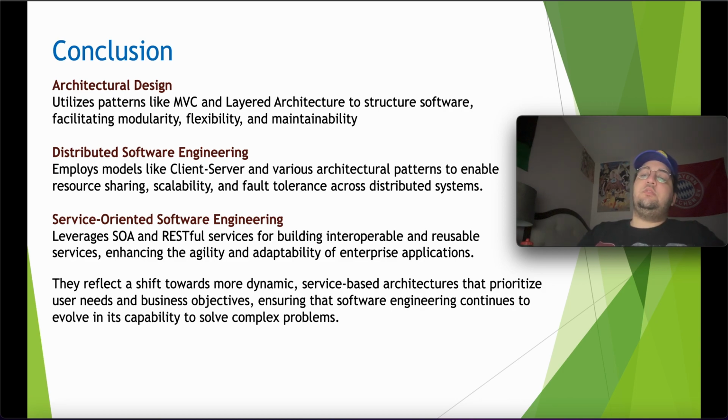And this gives a framework for how software engineering can continue to evolve in its capability to solve complex problems, and really how software engineering can keep users happy, and show how dynamic, agile, and adaptable your service can be in the future.